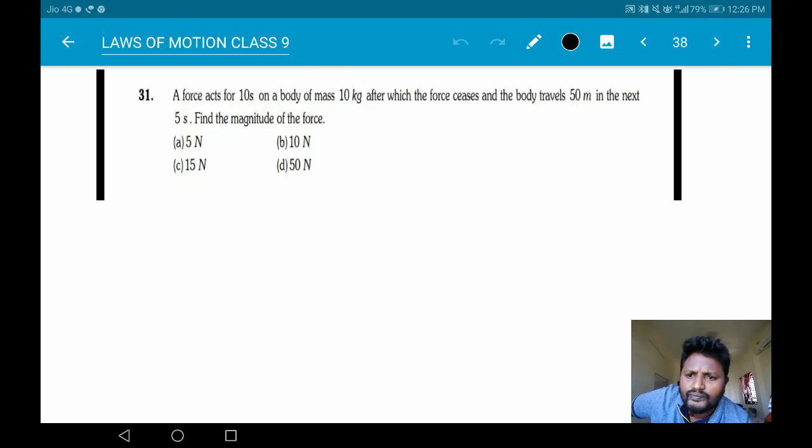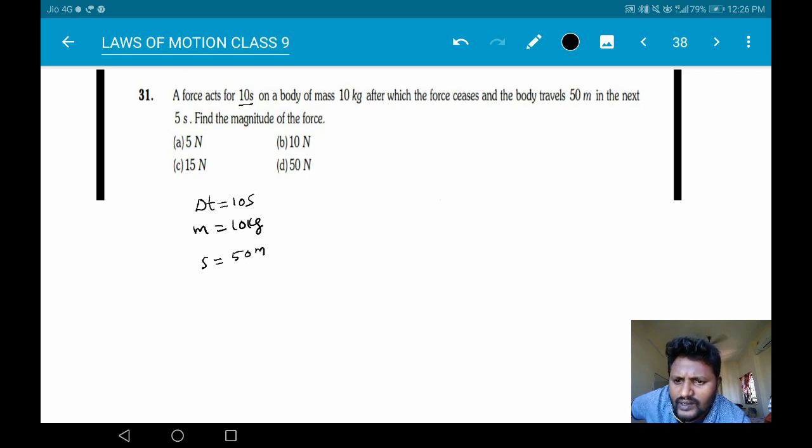Right, next one. A force acts for 10 seconds, so interaction time is given as 10 seconds, on a body of mass 10 kg, after which the force ceases, and the body travels 50 meter in the next 5 seconds. Then find the magnitude of force acting on it.